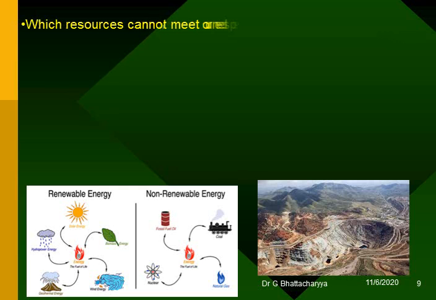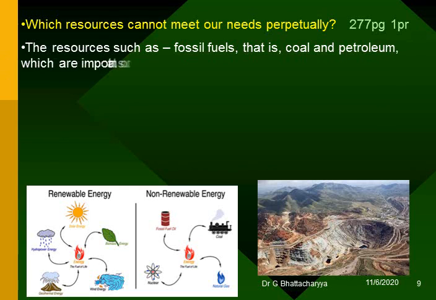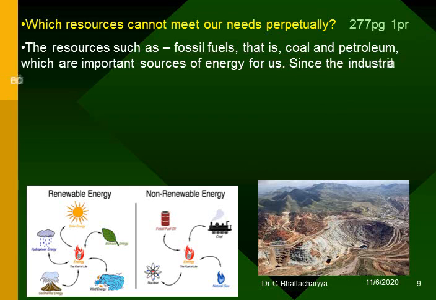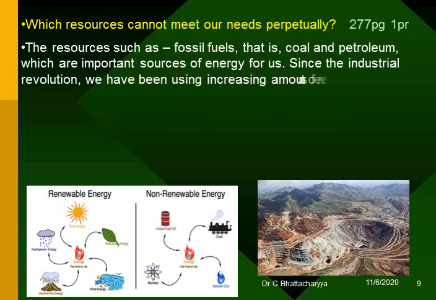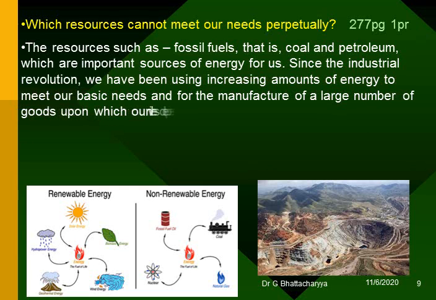Which resources cannot meet our needs perpetually? The resources such as fossil fuels, that is coal and petroleum, which are important sources of energy for us. Since the Industrial Revolution, we have been using increasing amounts of energy to meet our basic needs and for the manufacture of a large number of goods upon which our lives depend.